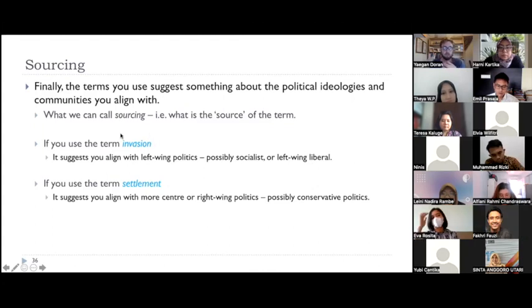So if you use the term invasion in Australia, it suggests you align with left-wing politics, possibly socialist, possibly left-wing liberal. If you're in history, a kind of socialist history. Whereas if you use the term settlement, it suggests you align with more centre or right-wing politics, maybe conservative politics, relatively conservative history.